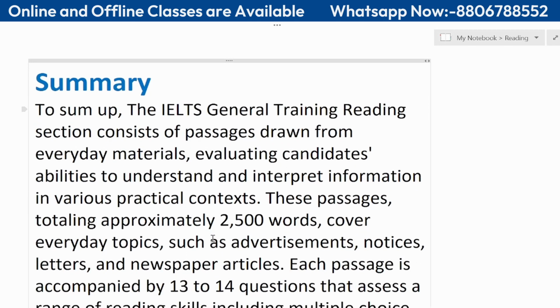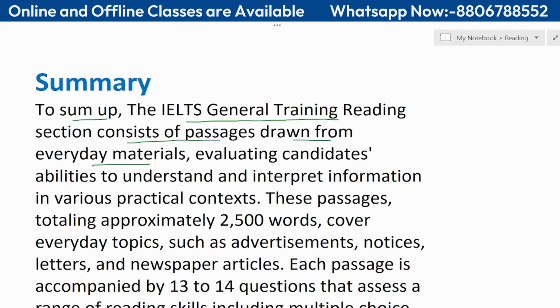So let's sum up. What did we learn in this video is, to sum up, the IELTS General Training Reading section consists of passages drawn from everyday materials evaluating candidates' abilities to understand and interpret information in various practical contexts.